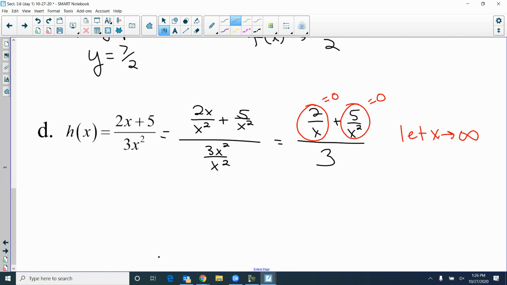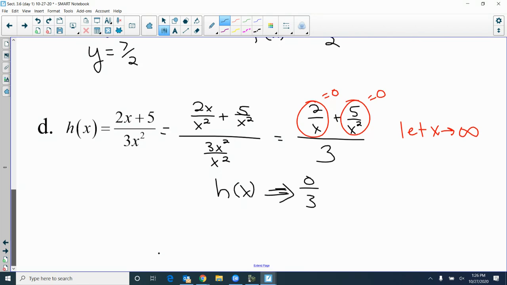But in the end, as you keep getting bigger and bigger, eventually you're going to get there. So this equals 0 over 3. So that means h of x approaches 0 over 3. So that's your horizontal asymptote. y equals 0 is my horizontal asymptote for that.